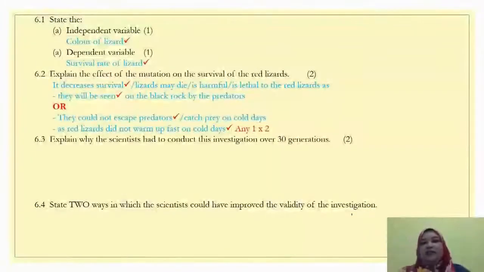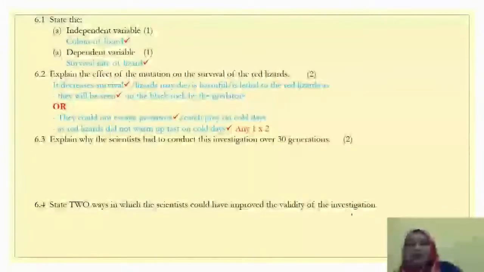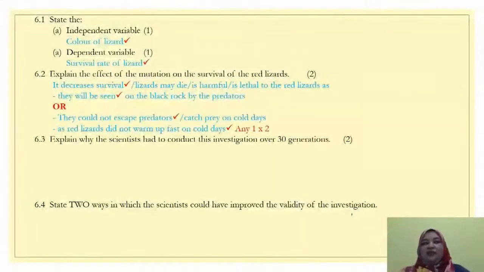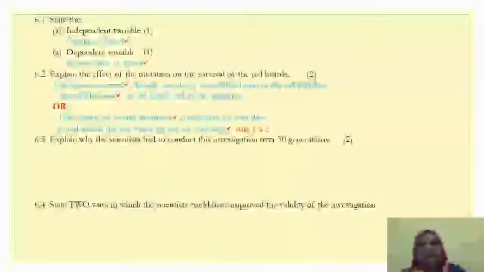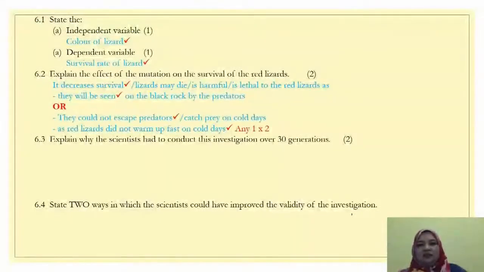So repeating means reliable. The other thing that also gives us reliable results is sample size. If I do it with only one fly or one lizard or 5 lizards, is it really reliable? Maybe the lizard died because it was sick or whatever. So the sample size must be large.